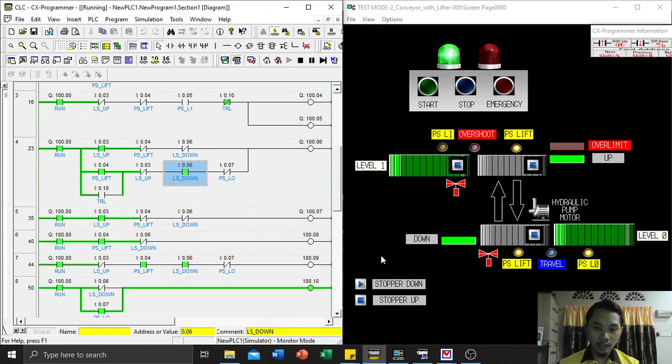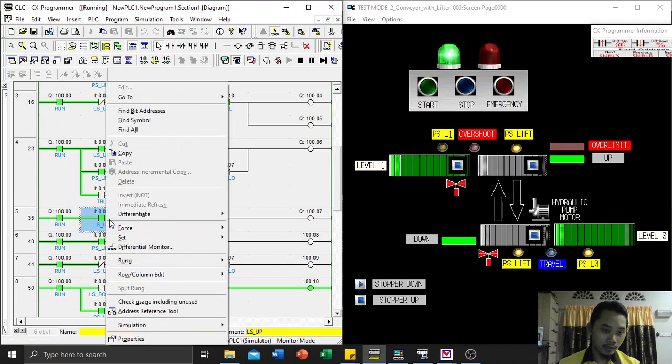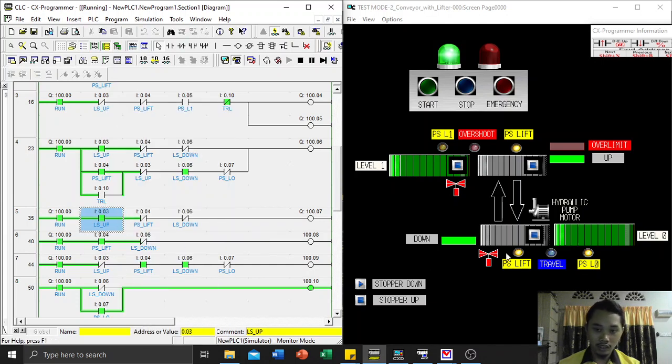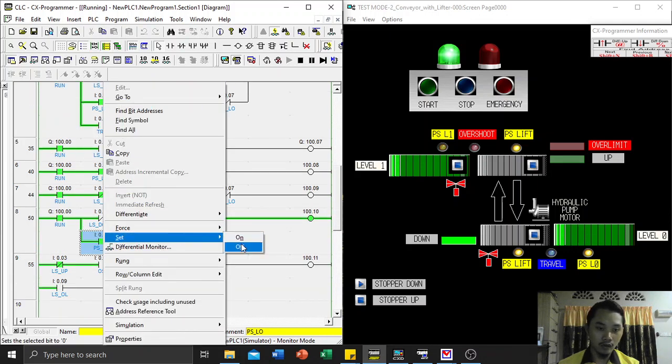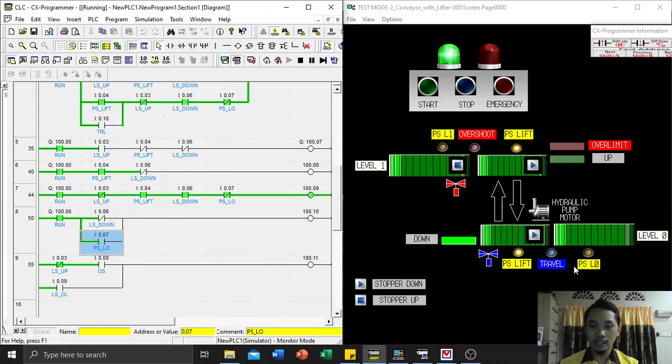The same goes if the limit switch up is not on: if level 0 has a load, the load at the table lift will not be transferred to level 0 until the level 0 conveyor is clear, which means the presence sensor will not detect the item.